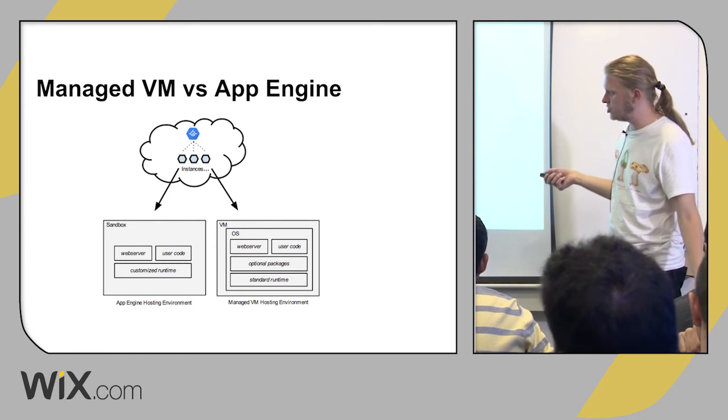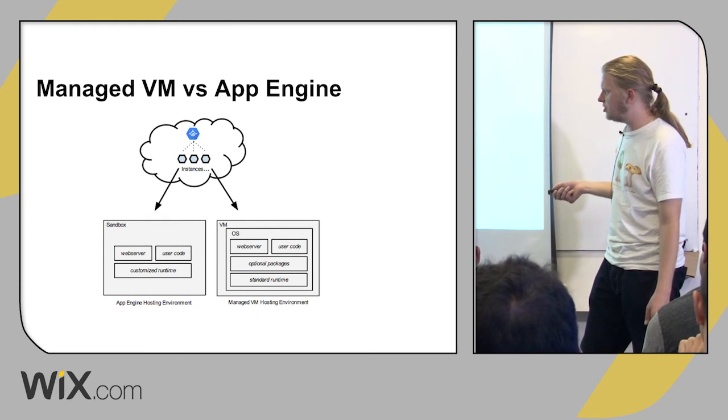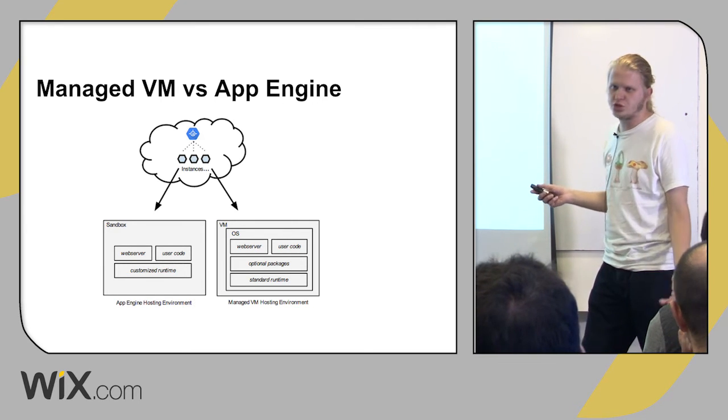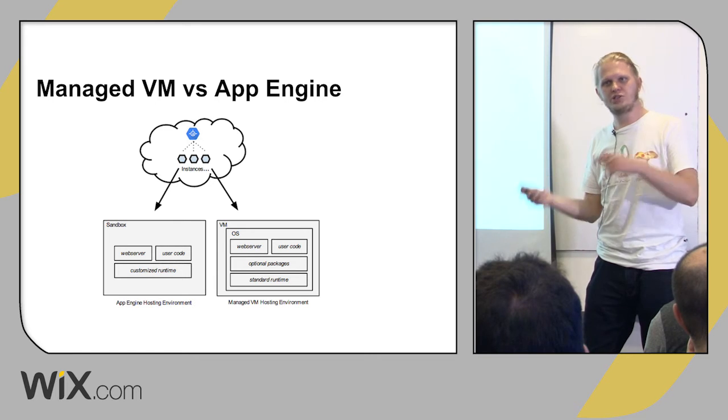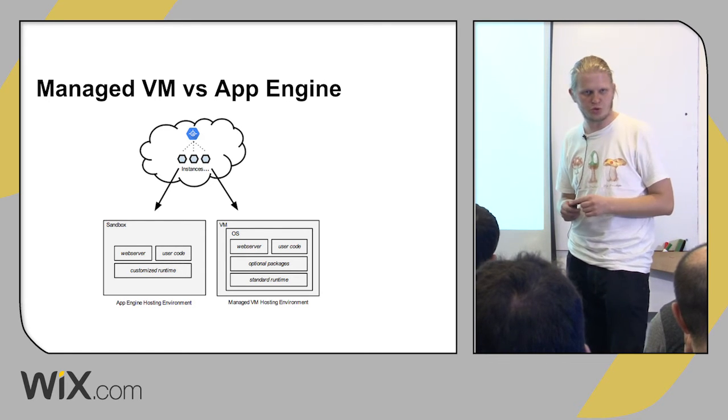But in the VM, as discussed previously, you can have user code, web server, and the standard runtime they provide you. You can actually use a different runtime, but you will get limitations on API usage from Google.